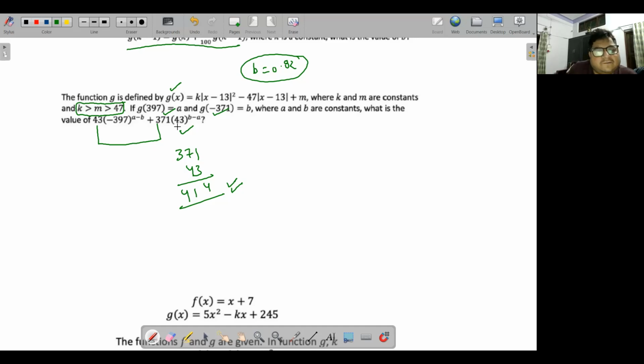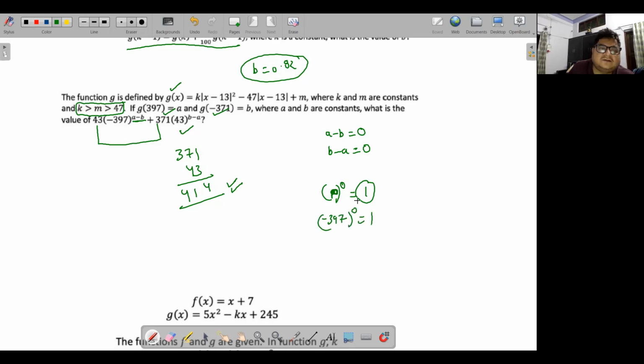Because the values of a and b are the same. If a and b are the same, then a minus b is 0, and b minus a is again 0. Any number, let's say p, raised to the power 0 is what? Always 1. So minus 397 raised to the power 0 is what?